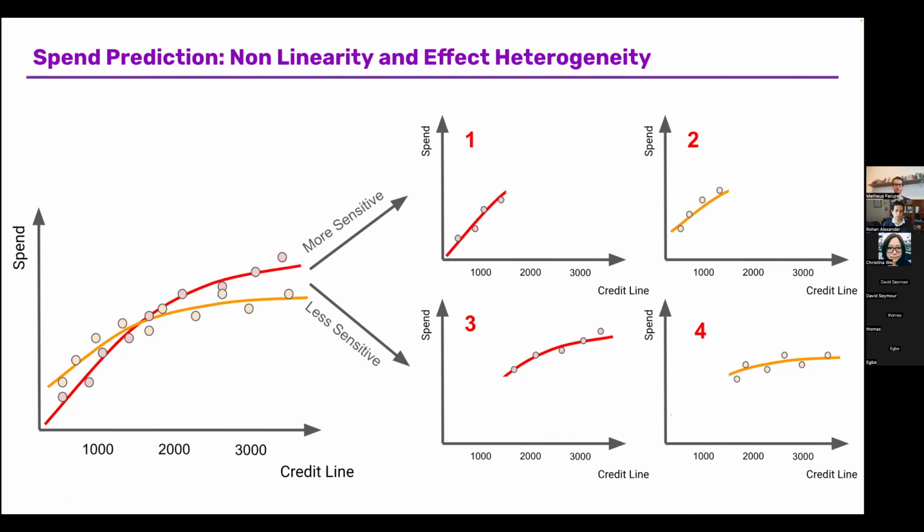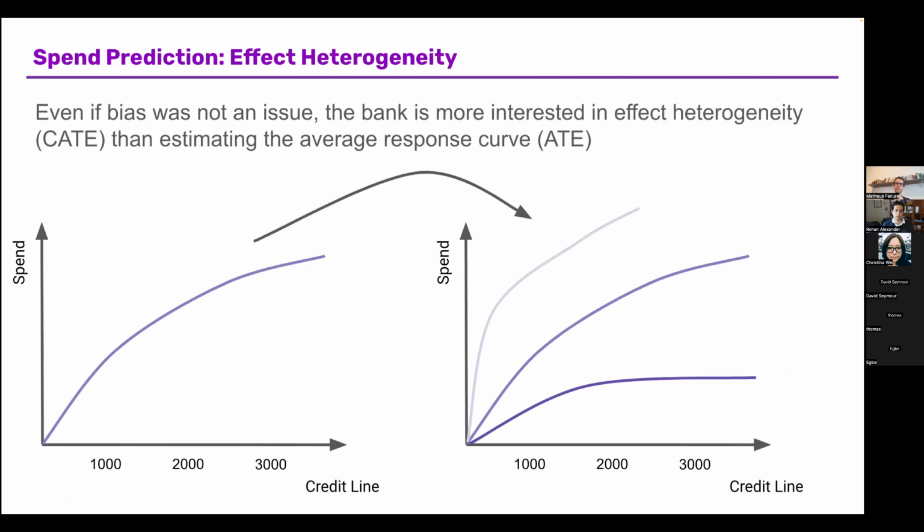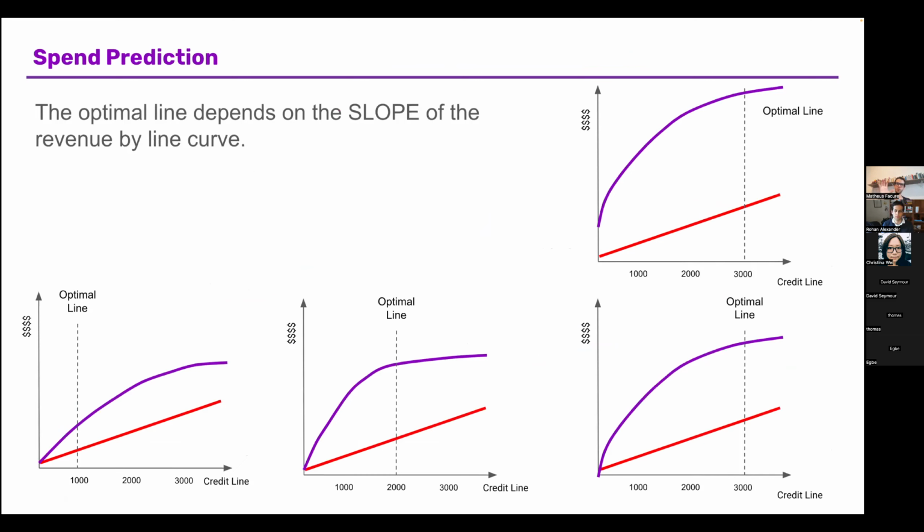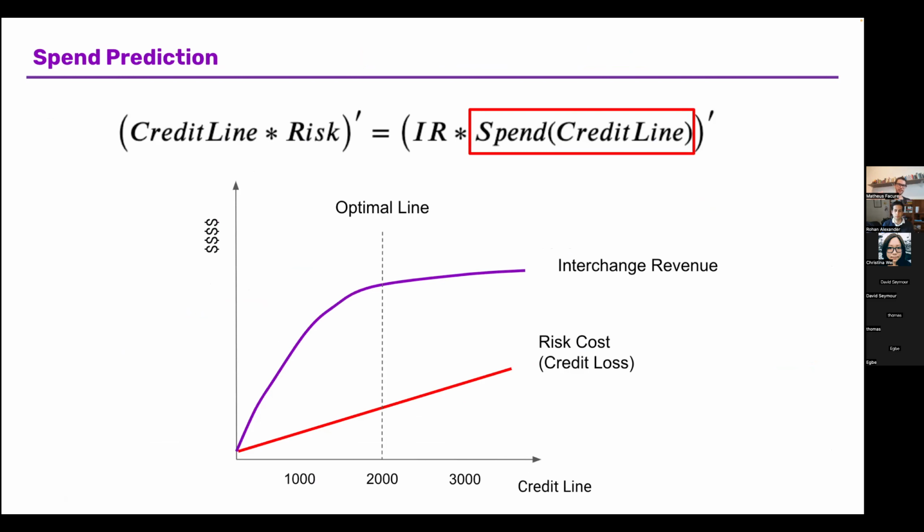And all of this is just because we want to separate people between more and less sensitive to spend, which simply stems from what I talked about very early in the conversation, that this is a problem of the firm.